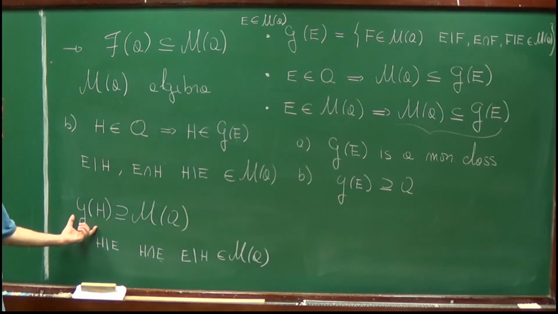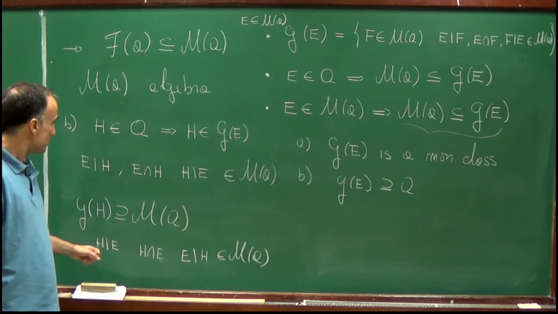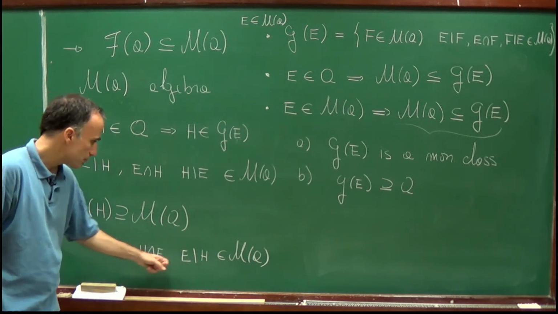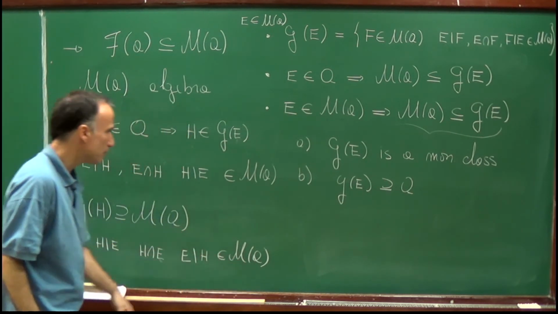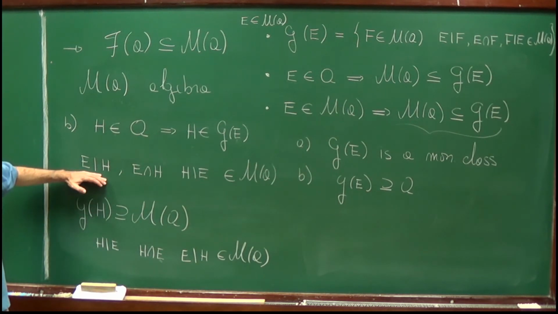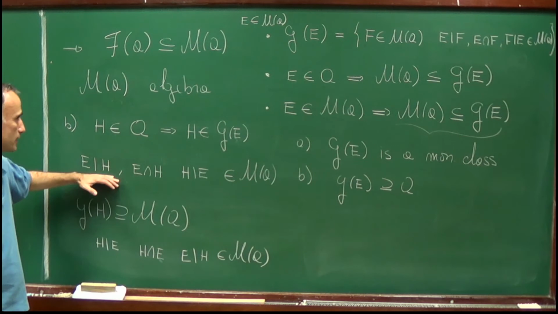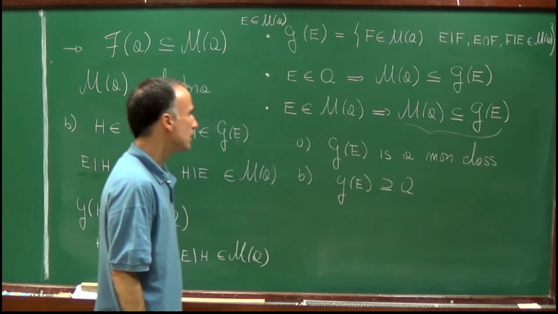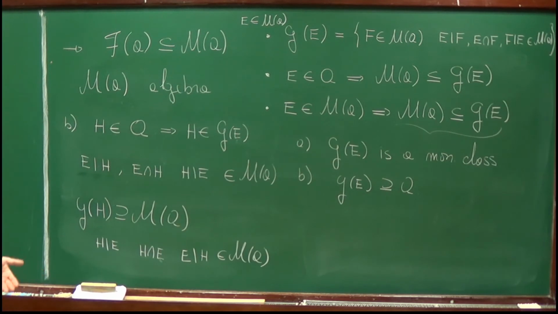By definition of the class G of E, since E is an element of M of A, all these three sets belong to M of A. And this is exactly what we need to prove. So the second statement, the statement that the algebra is contained in G of E, follows from the first part of the proof.